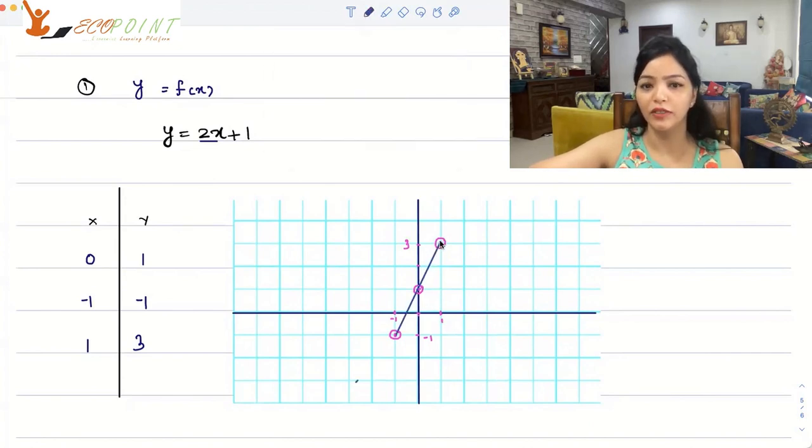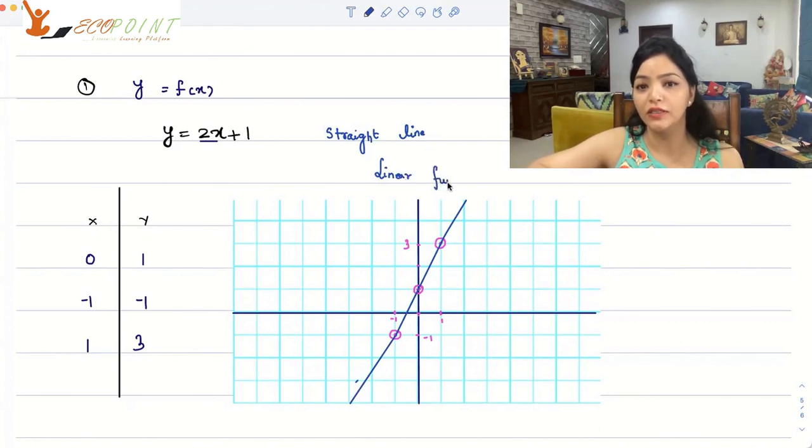So let me just join it like this, and then let me take it up in the same direction and take it down in the same direction again. If you see, this is a relation which is linear in nature and you get a straight line out of it. This graph is a straight line, which also tells you that it's a linear function.